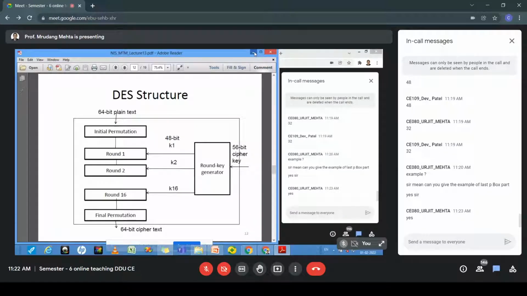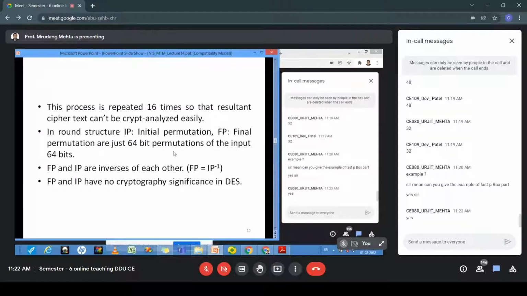Okay, and you already know what the inverse is. So FP and IP are inverses of each other, and that is why, because of modern day computing facilities and software available, FP and IP have no cryptographic significance.